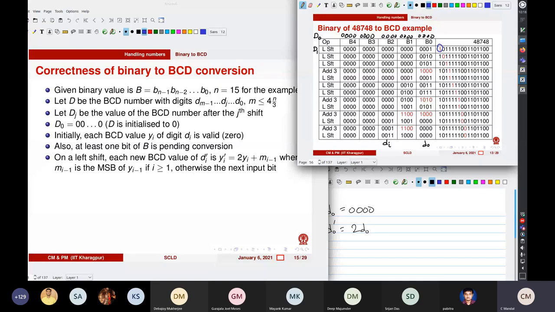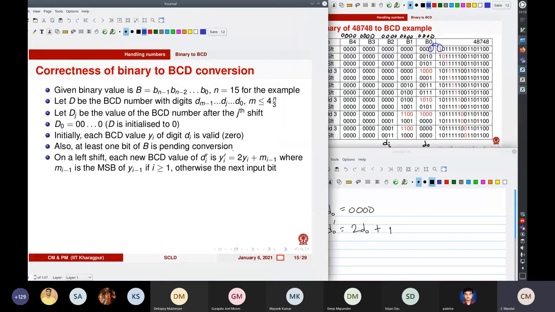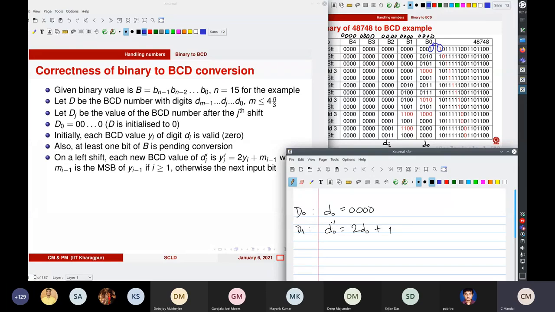In this example, it is 1. According to what is written here, this is y0, so maybe we can just call it y0 dash.